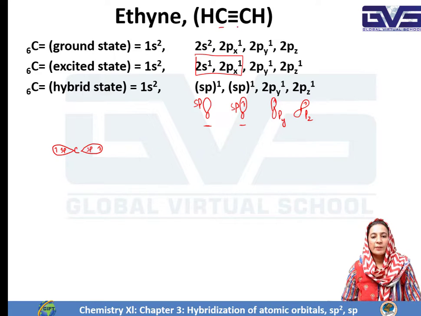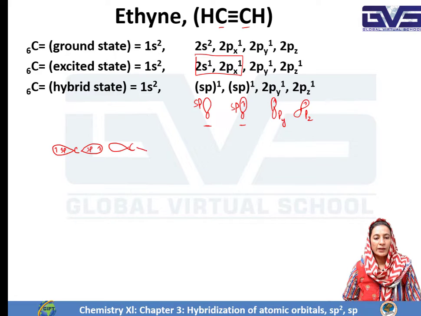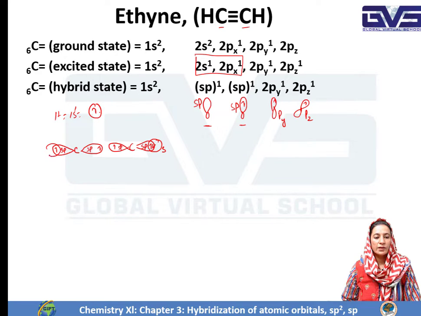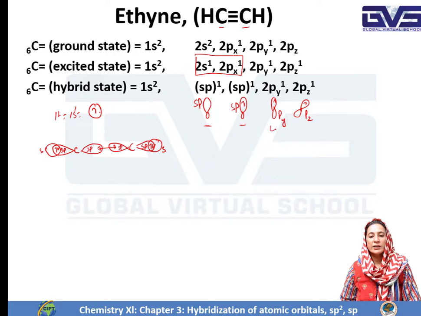And the second carbon also will have sp and sp with 1 electron each, and they form bonds with hydrogen, and you know hydrogen is 1s1, which is spherical in shape. One of the hydrogens will come here and will form a bond. This is s with sp, and the other hydrogen will also form a bond with this sp, and one bond will be formed between sp and sp. Now where are these two?